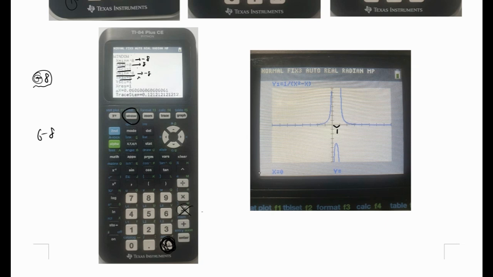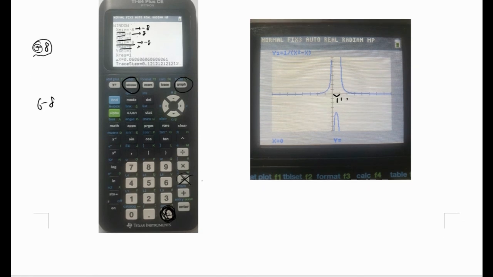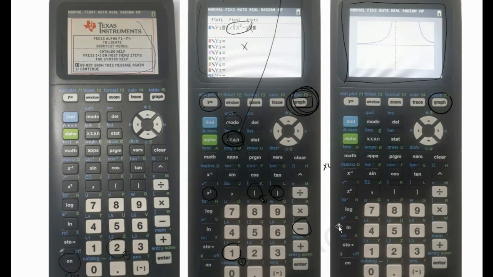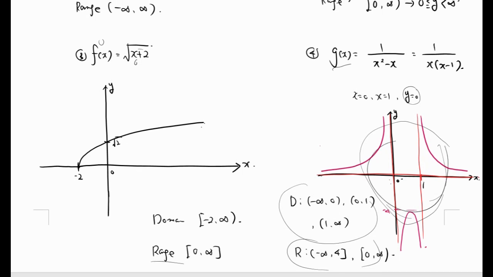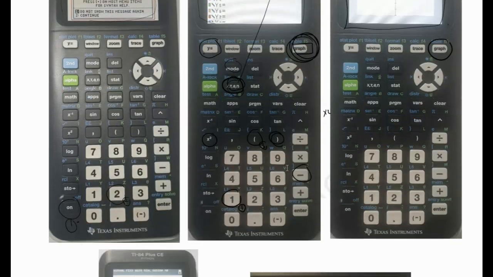So after adjusting the window and pushing graph again, you can find this graph. The distance is 1, and this is 1, 2, 3, 4. This is minus 1, minus 2, minus 3, minus 4. So the asymptotes are y equals 0, x equals 0, and x equals 1. This is the same as the graph above. So you can graph it with the TI-84 graphing calculator.